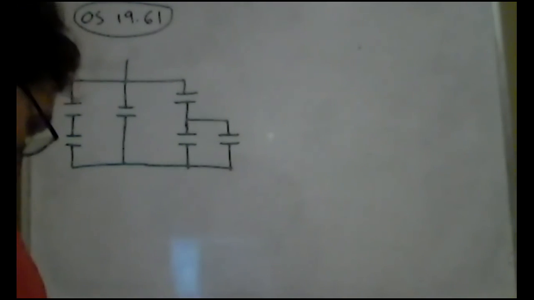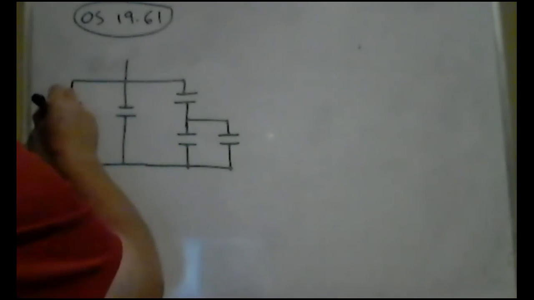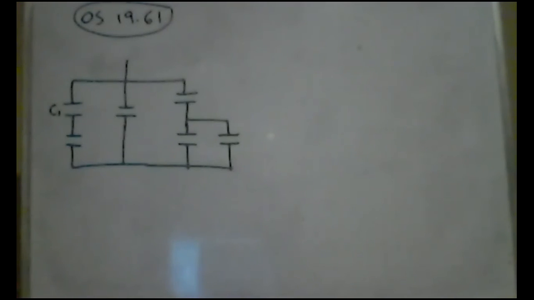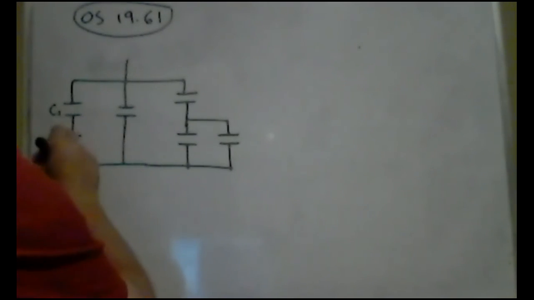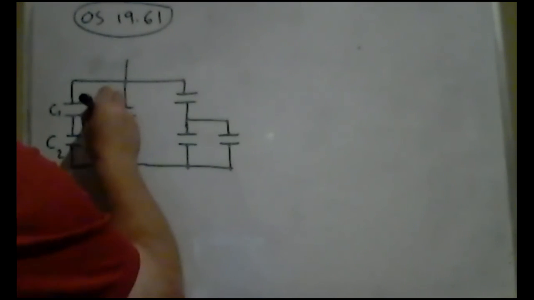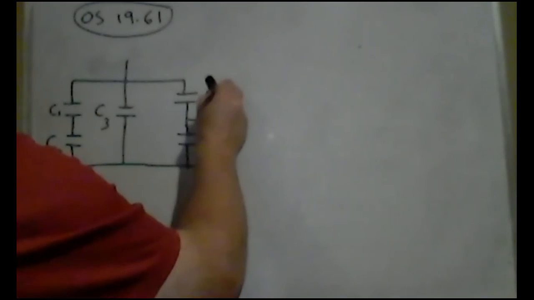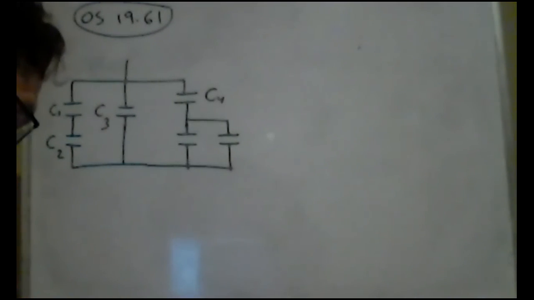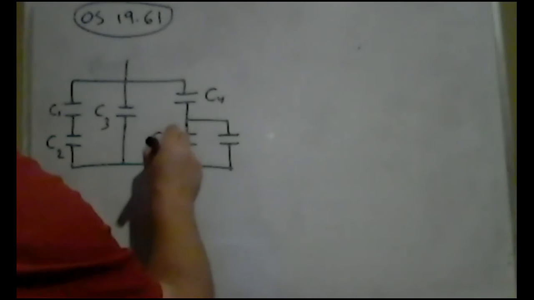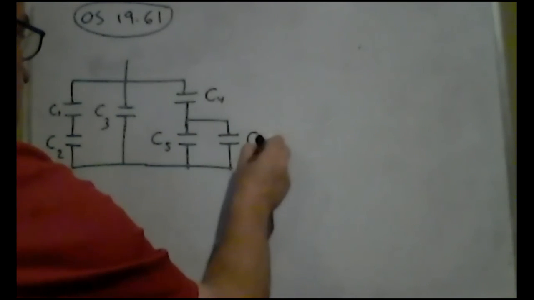The capacitors here I'm going to call C1, C2, C3, C4, C5, and C6.